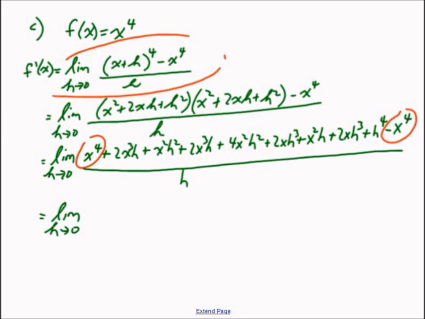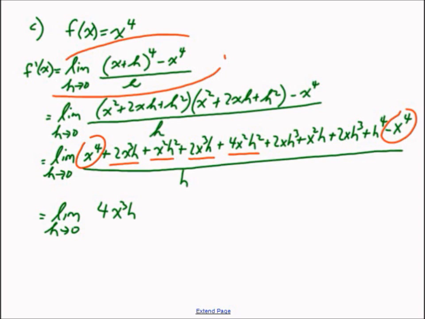Just adding up our like terms then. x cubed h, there's another one of them, and that's the only one. Okay, so 4x cubed h. Similarly, we've got x squared h squared, and another one here. And that should equal 6, I believe, instead of 5.